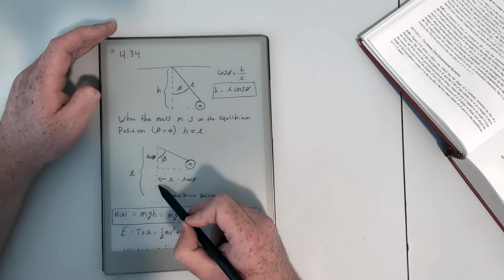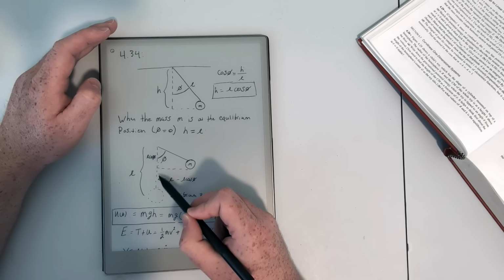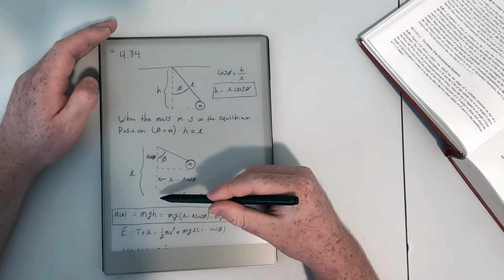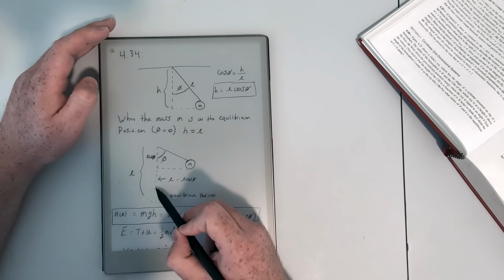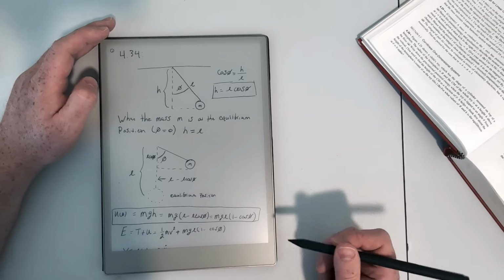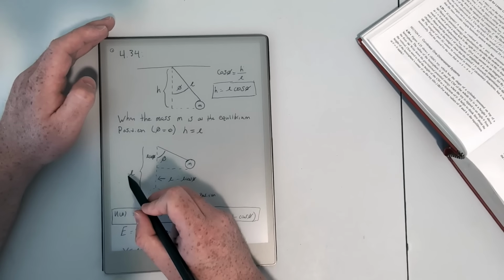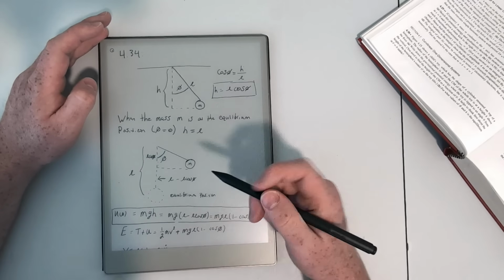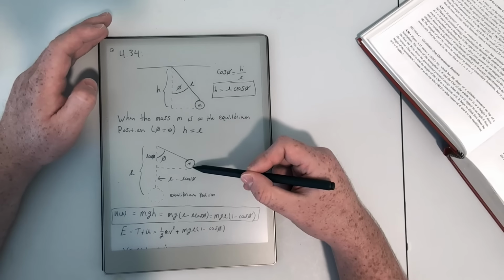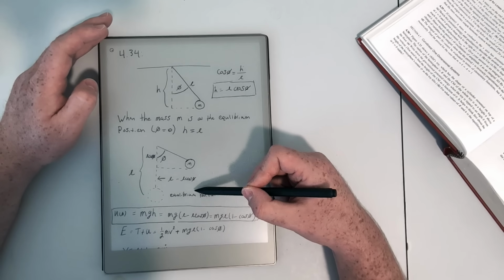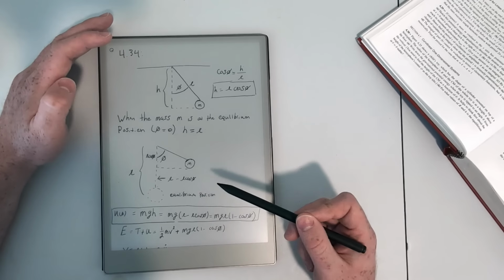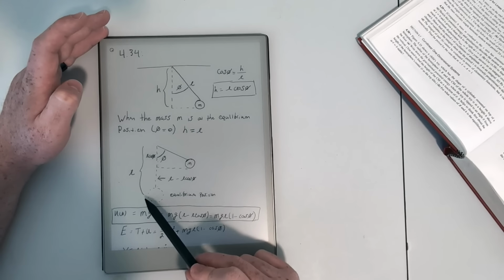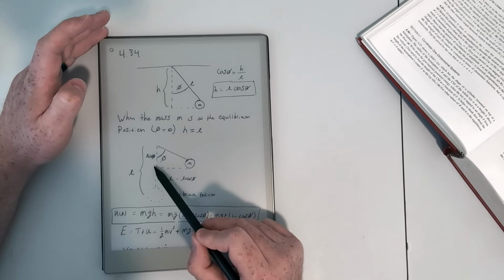The total distance would be L if it was at the equilibrium position, but this remaining distance is still unknown. It's just L minus this. This remaining distance is how far the mass is from its equilibrium point, which is what we need to define a potential energy function. It's just L, the total height, minus this portion of the height, L cosine phi.